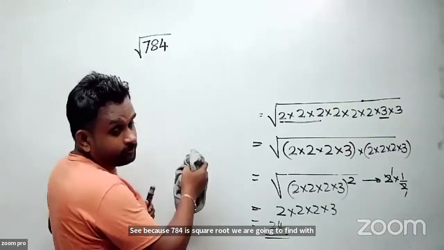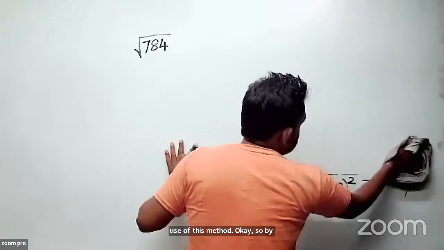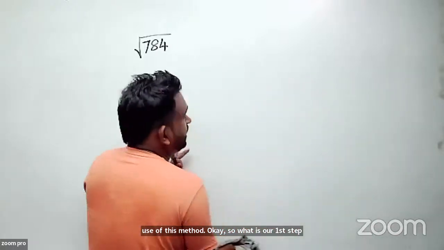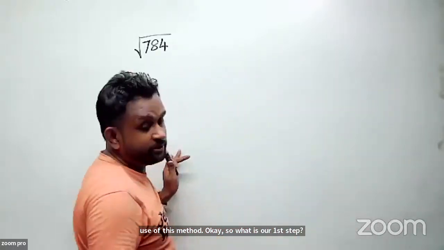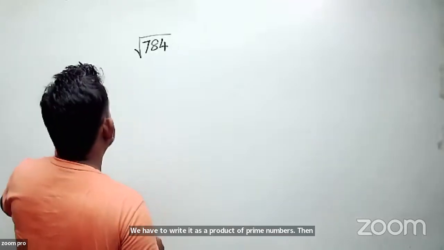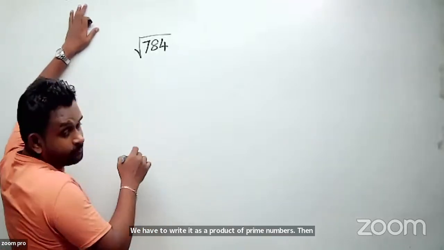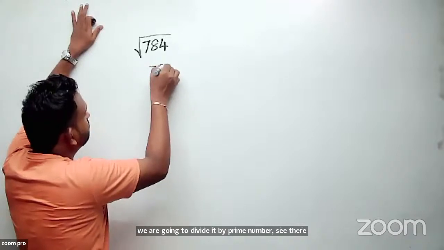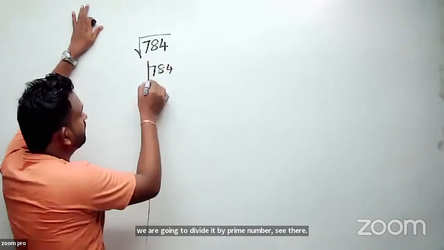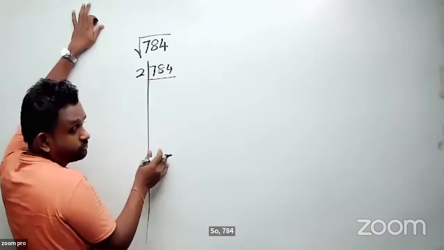Okay. So what is our first step? We have to write it as a product of prime numbers. Then we are going to divide it by prime numbers. See there. So 784 is taken. I start the division by 2 because it is divisible by 2.